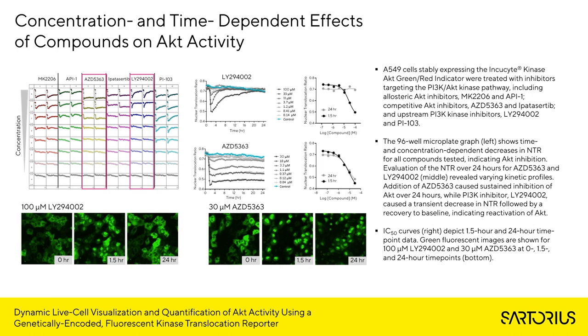Next, we'll look at concentration and time-dependent effects of compounds on AKT activity. A549 cells stably expressing the IncuCyte kinase AKT indicator were treated with inhibitors targeting the PI3K AKT kinase pathway, including allosteric AKT inhibitors MK2206 and API1, competitive AKT inhibitors AZD5363 and ipatasertib, and upstream PI3K kinase inhibitors LY294002 and PI103.